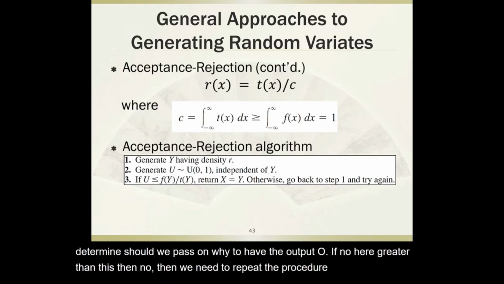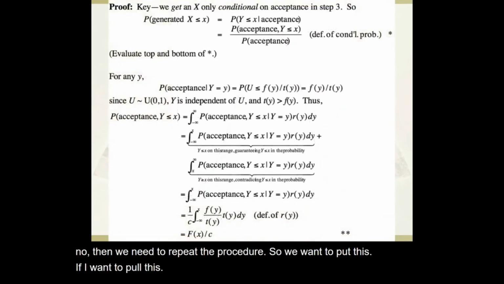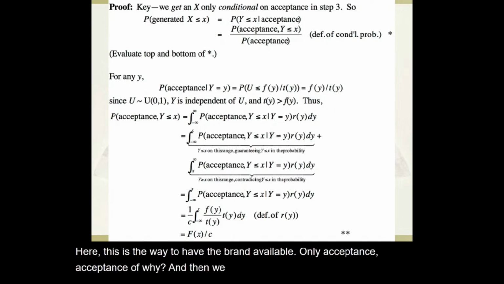So we want to pull this. If we want to pull this, this is the way to have the random variable. Only acceptance of Y, and then we use Y. So here we have acceptance.